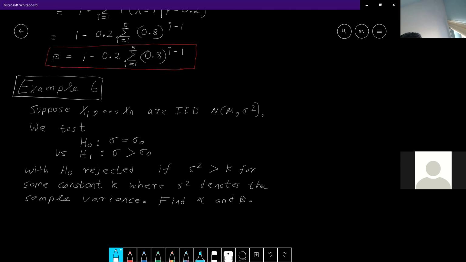So let's see how we can do this. Let's do the alpha part first. Alpha is the probability of rejecting when H0 is true, right?